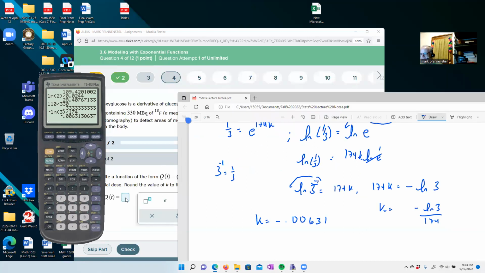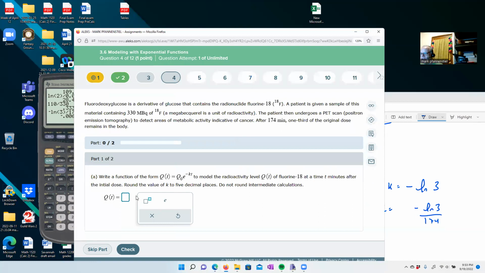Okay. So what do we have here? We have Q of T is equal to, okay, how much did they give originally? So we started with 330. And now we're going to have e to the, and now we have to go back to our K here.